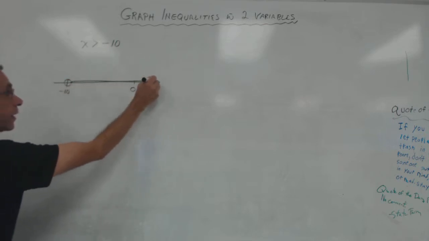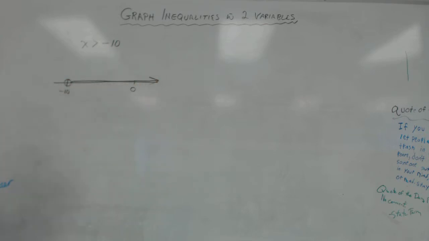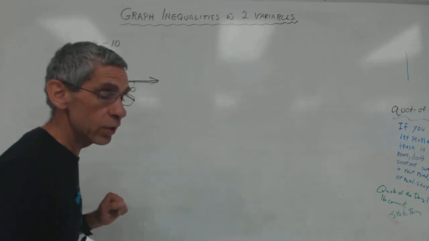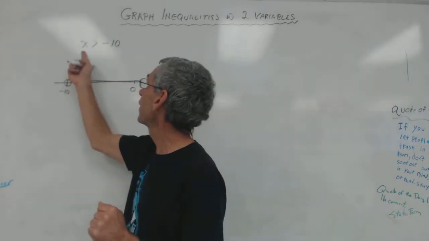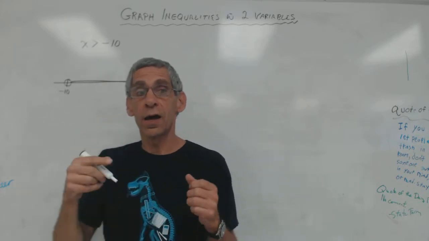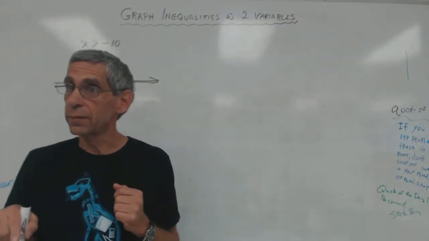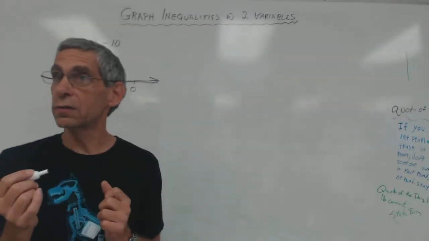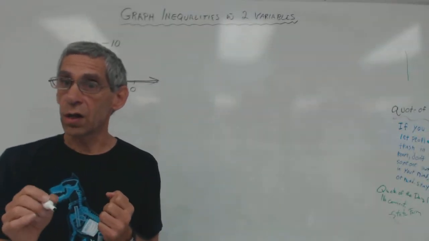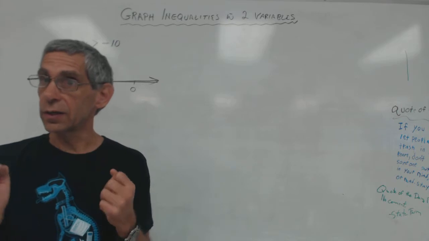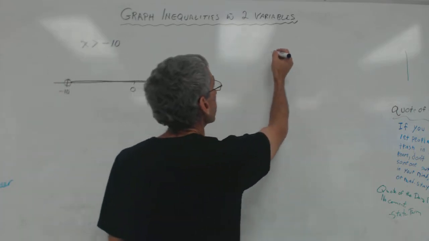And that's how you graph it. Pretty easy, right? Now, however, you can graph x is greater than negative 10 on a 2-dimensional plane. And you will have to know this really, really well. So if it confuses you at all, just learn it, practice it. You've got to know it really well.